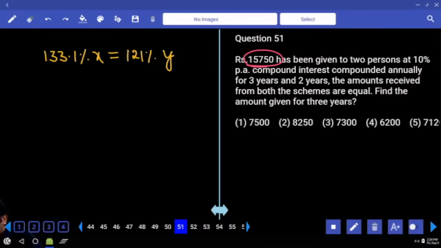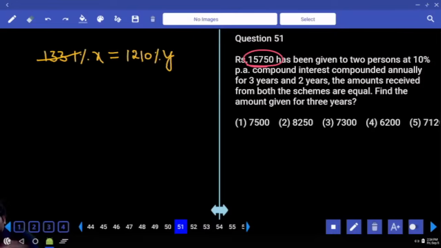Left hand side and right hand side, let us multiply with 10 to eliminate the decimal. Right hand side you'll have 1210 percentage. First of all, percentage gets cancelled. This is 11 cube.